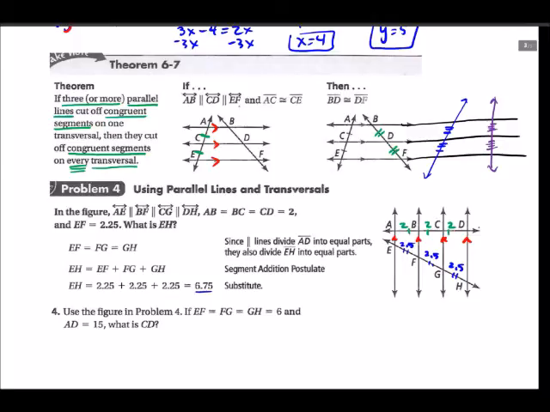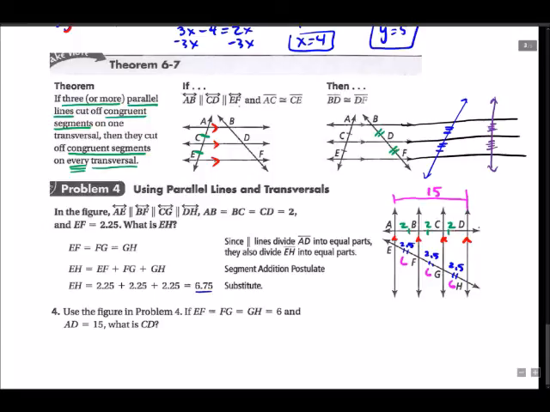All right, and the last problem, we might as well just go on with this since we haven't paused yet. It says, what if EF, FG, GH, the length of those is all 6? So this is 6, 6, 6. What is the length of AD? It is 15.